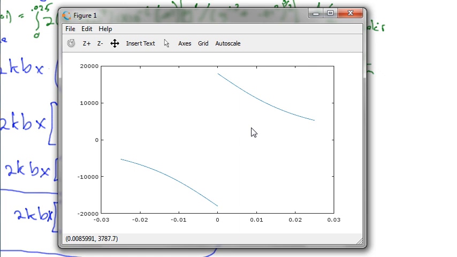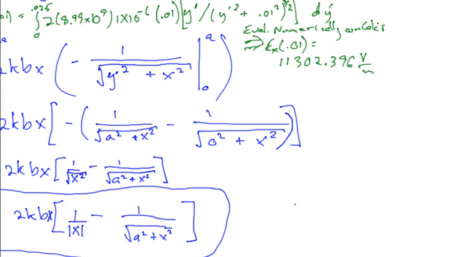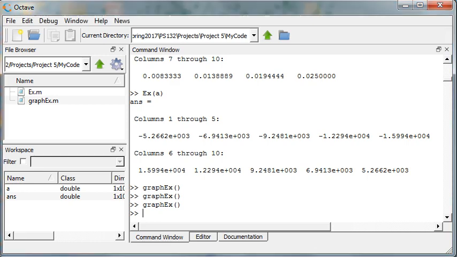If I get the cursor really close to 0.01, but still on the curve, it's slightly over 0.01, 11,300. Probably not quite on it. So it agrees. I would say it agrees as closely as I can position the cursor there.